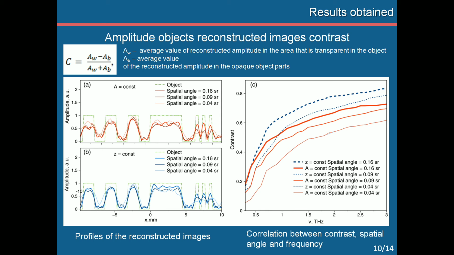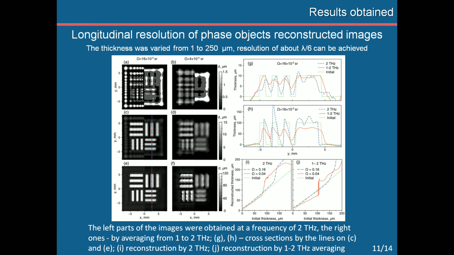The second feature is that the reconstruction contrast at a constant z and spatial angle of 0.09 steradians is better than at a constant a and spatial angle of 0.16 steradians, which is completely different from the form of the same dependencies for the resolution.